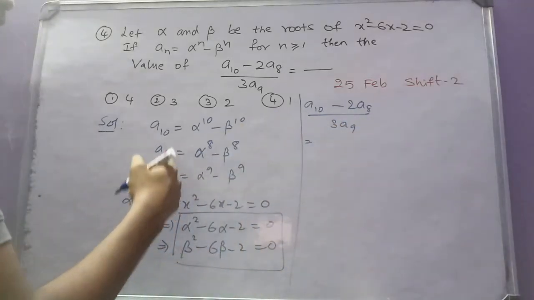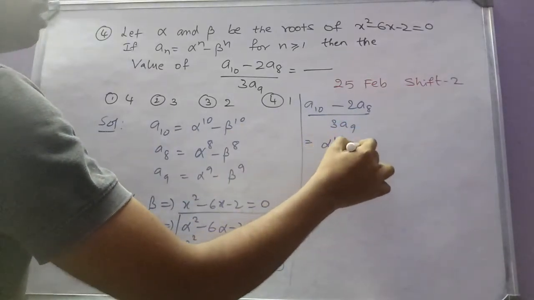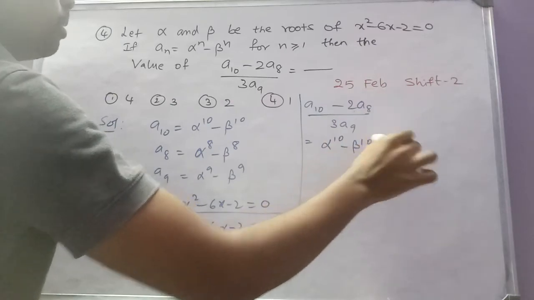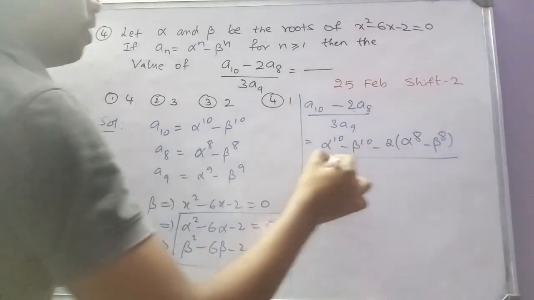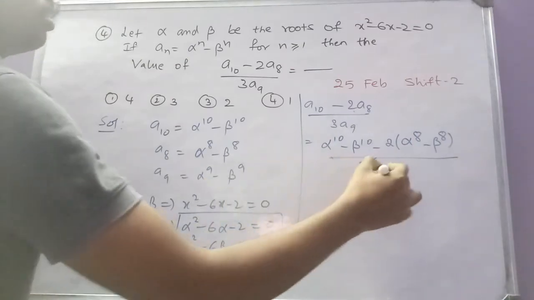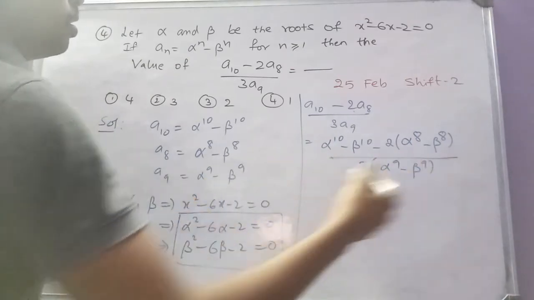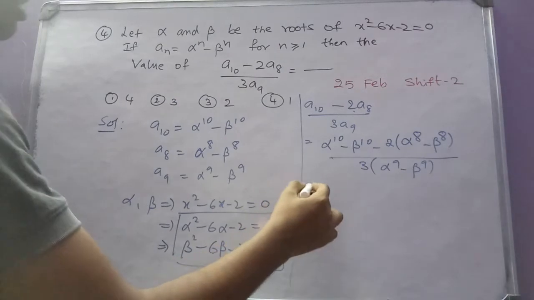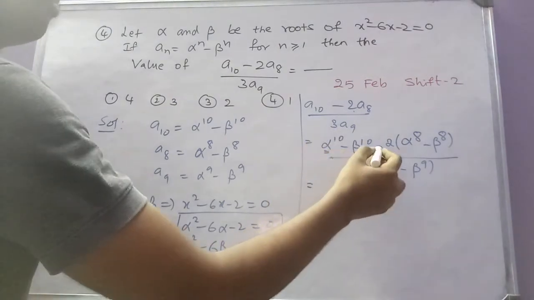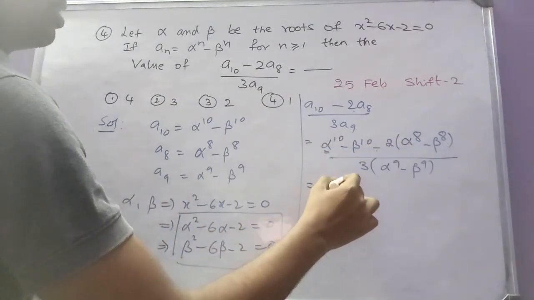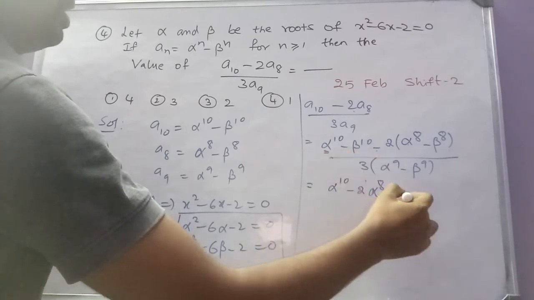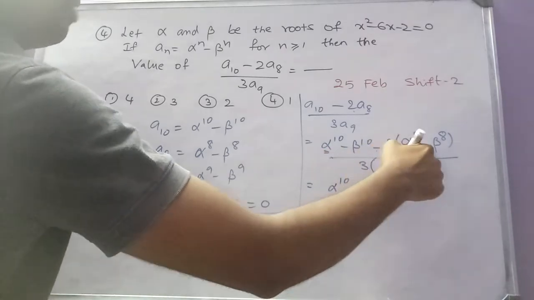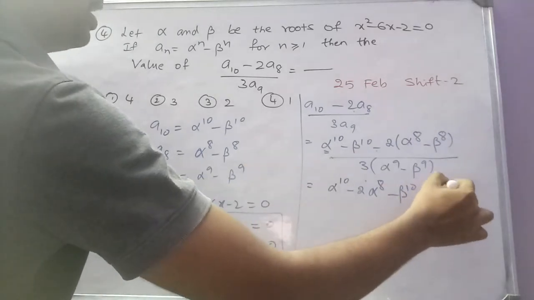So according to the question, they are asking us to find this. A10 means alpha power 10 minus beta power 10, minus 2 times A8, divided by 3 times A9. Just expand the numerator and see what happens. Alpha power 10 minus 2 into alpha power 8, and then minus beta power 10, minus 2 into minus beta power 8 is plus 2 times beta power 8.